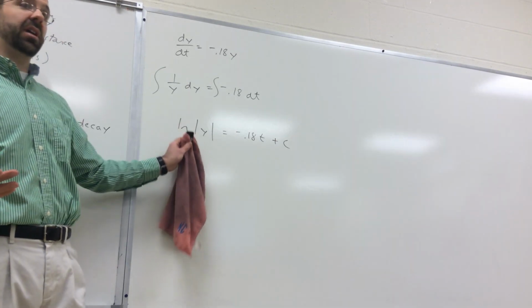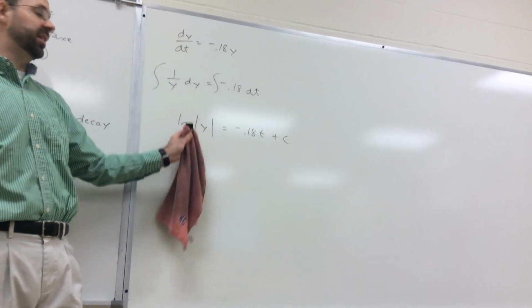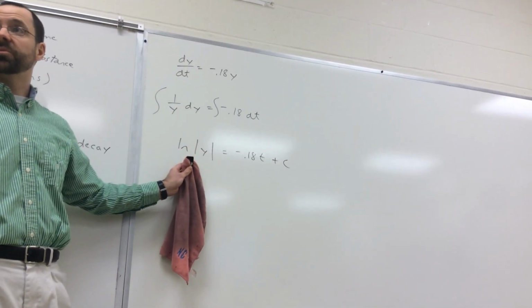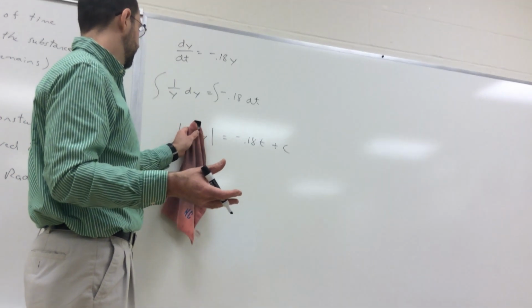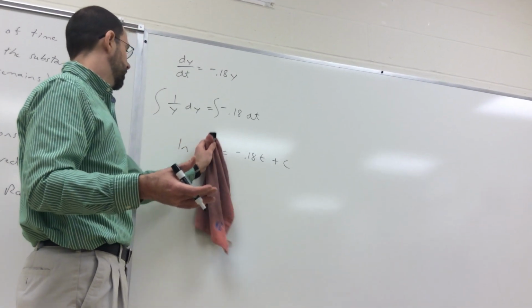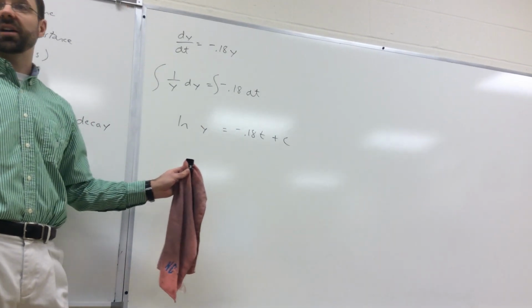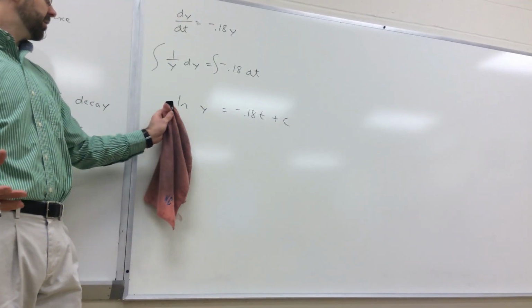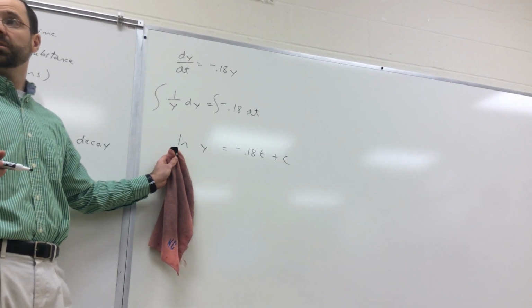So I can get rid of the absolute values here. I put them there because that's the correct antiderivative. But just on this problem, since y represents a positive number, we don't need those. Okay, so now I need to solve for y. So I can get rid of the ln by raising up both sides from e.